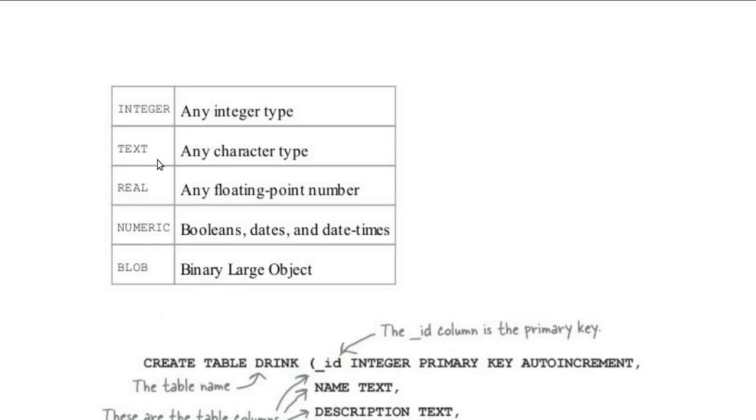For boolean, dates and date-times we have numeric, and for binary large objects we have blob. You have to understand this, and if you have already done the database course, then you can easily understand all these things.